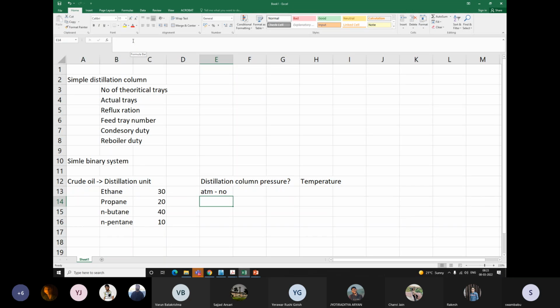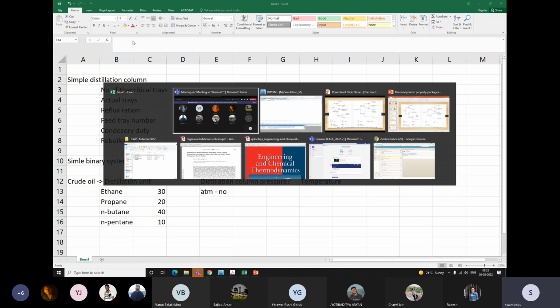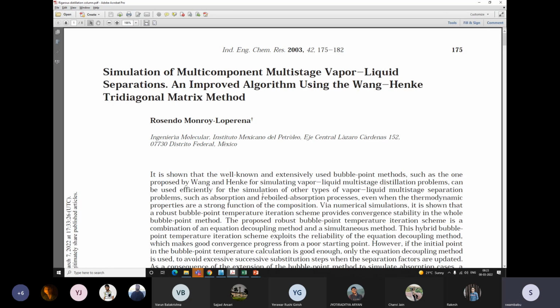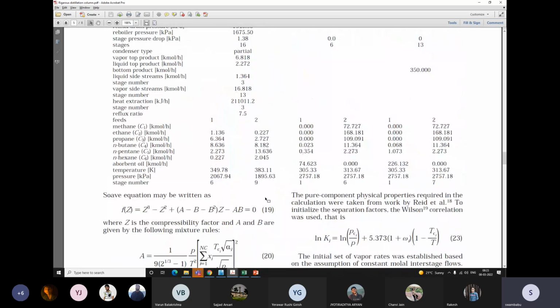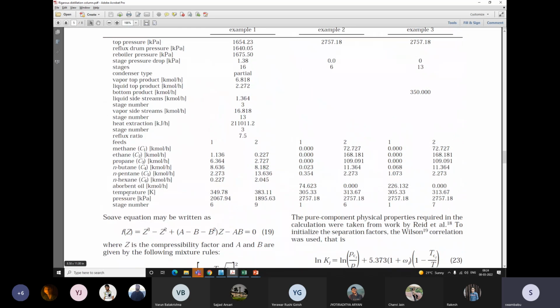I'm taking this data from a research paper where they did the simulation. Here ethane, propane, butane. I have just taken n-pentane; he has taken hexane also.